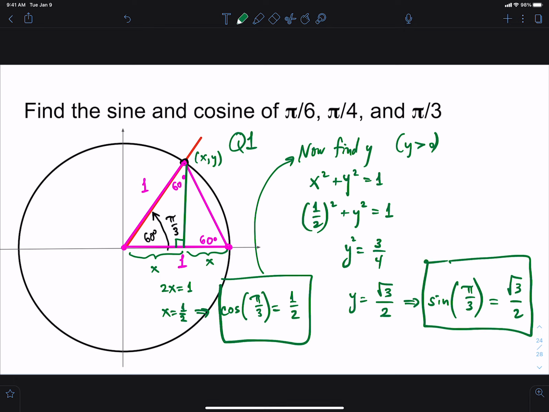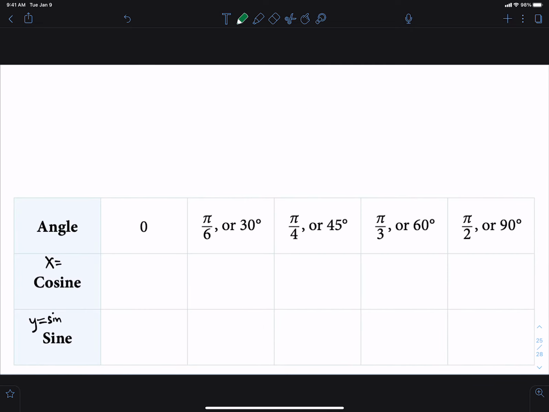So pi over 4, we're looking at a square. And for pi over 6 and pi over 3, finding those related to looking at an equilateral triangle. So root 3 over 2 is the height. Let's just fill in what we know. I do want to make a picture of that first quadrant of the unit circle.